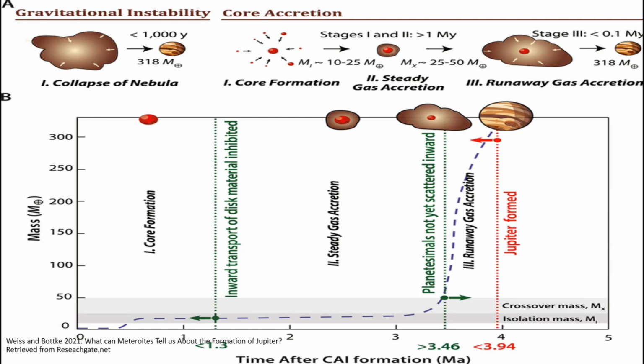At that point, it began the gas accretion phase, which is where the volatile minerals such as ammonia and water and methane started to condense to the surface. And when it reached about 50 Earth masses, then runaway hydrogen gas collection took over, and the planet very quickly grew in size until it ran out of material and formation was finished.